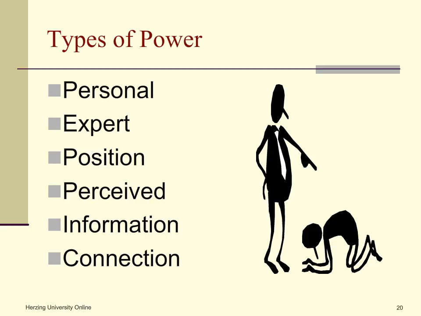Types of power can come from different sources. They can come from personal source, expert, position, perceived power, information power, and connection. Personal power is based on one's reputation and credibility.